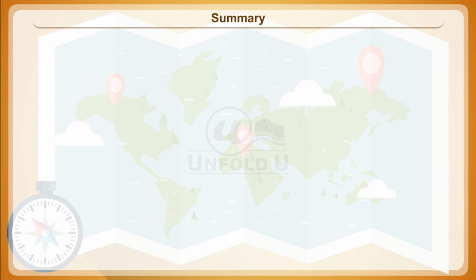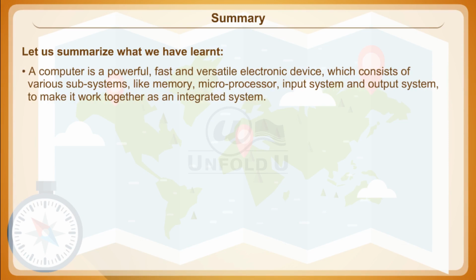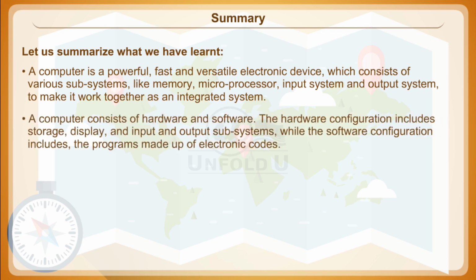Summary. Let us summarize what we have learned. A computer is a powerful, fast and versatile electronic device which consists of various subsystems like memory, microprocessor, input system and output system to make it work together as an integrated system. A computer consists of hardware and software.